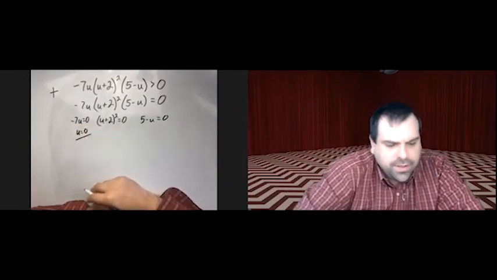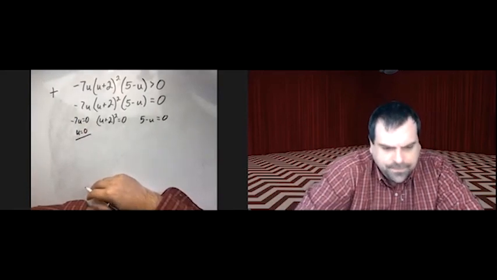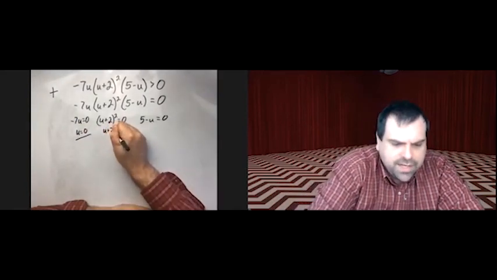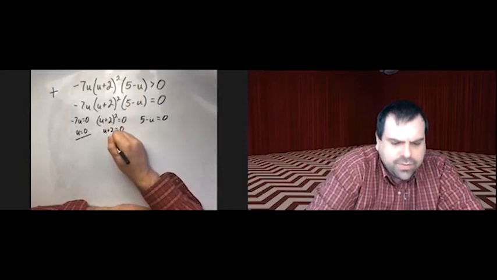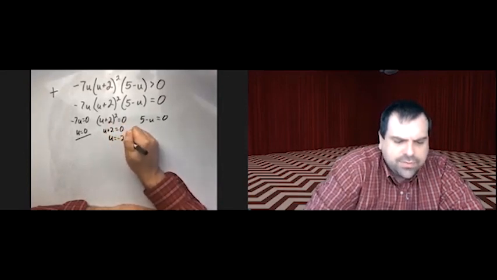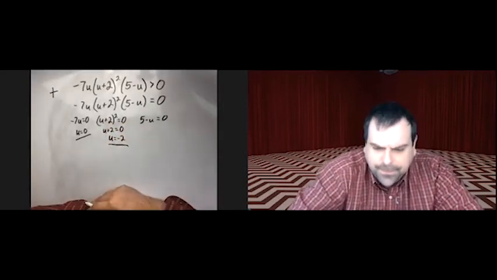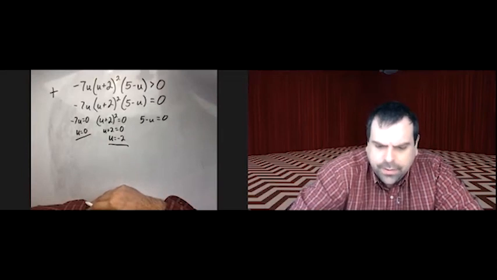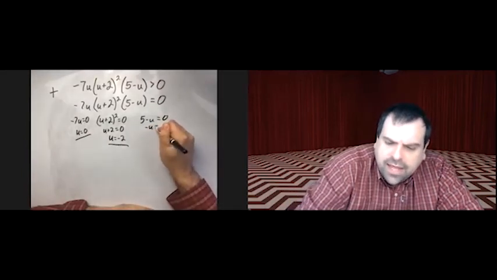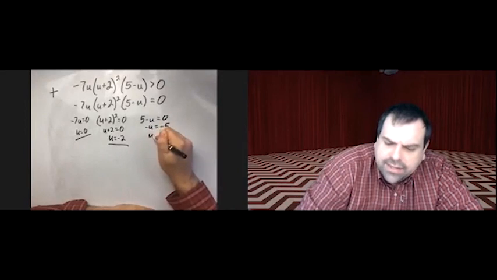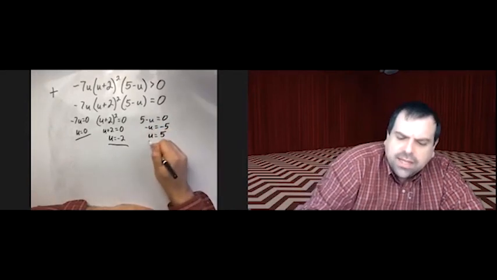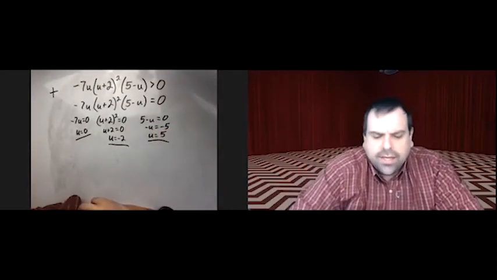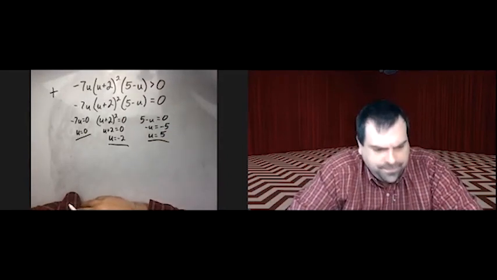We get u equals 0. Square root both sides. Subtract 2 from both sides. We get u equals negative 2. Subtract 5 from both sides. Take the opposite of both sides. We get u equals 5.